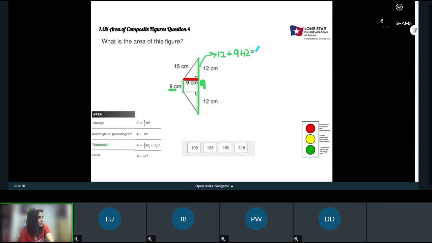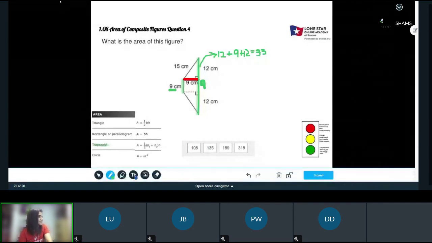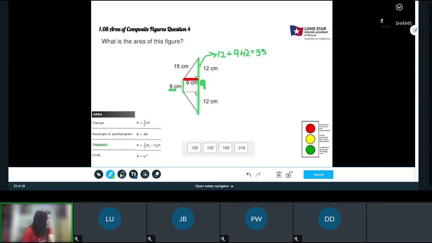I know you guys wanted to break it into other smaller shapes, and you can also do it that way. I'm going to go back to Nearpod and see how you're doing so I can give you some feedback. Okay, Paige, we have some different answers. Lexi, your answer matches mine, seems to be correct. Landon, I agree with you.